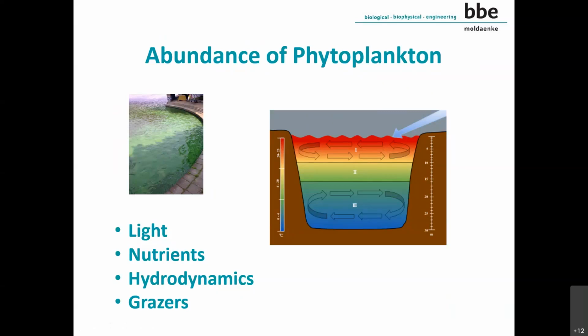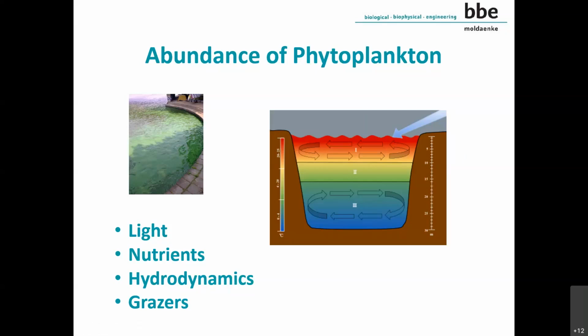Then we have a second zone, which is called the thermocline, where we find a jump in the temperature, and we also have the hypolimnion, which is the deepest layer, the lower part you can see here. In these different layers, you find probably all of the phytoplankton that is distributed in a water body.